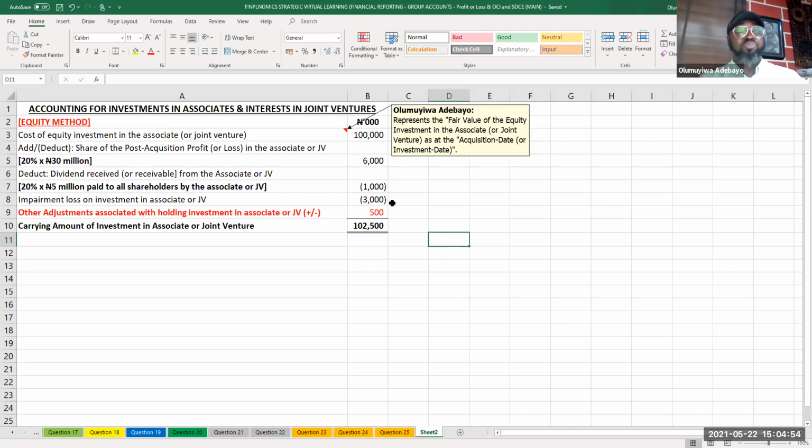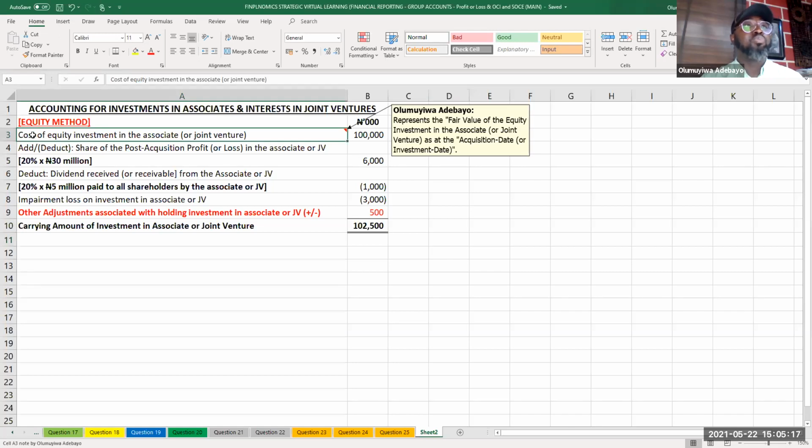Take note, the fair value we are talking about here is only the fair value at the date of acquisition. Even if in your own separate financial statement you have measured the equity at fair value, such fair value will always be reversed when we are trying to do equity method, because everything must come back to cost.